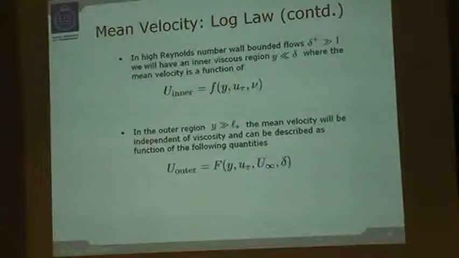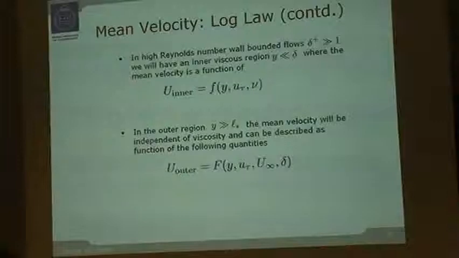So that essentially means that if we consider high Reynolds number flows, or high Reynolds number turbulent boundary layers, then we will have two different regions. An inner region in which the viscosity is still noticeable, and an outer region where the velocity profile should be independent of viscosity.